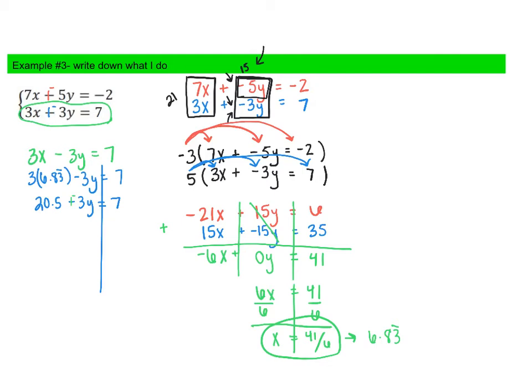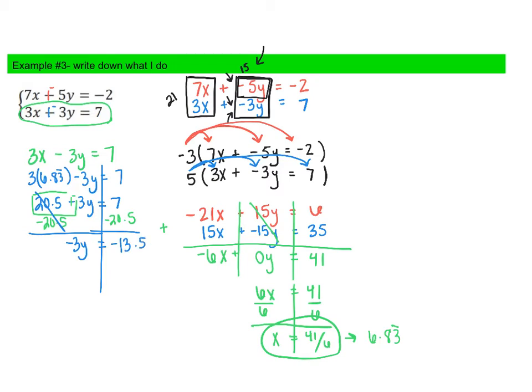From there, I'm going to take away this plus 20.5. I'm going to subtract 20.5 from both sides. And I get negative 3y's equals, when I did this in my calculator, I got negative 13.5.